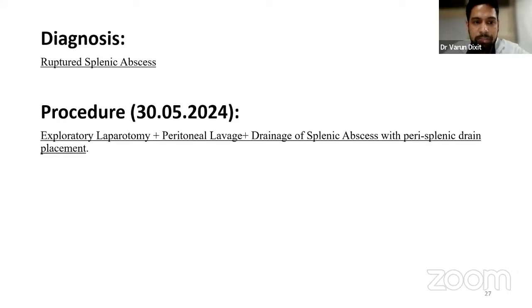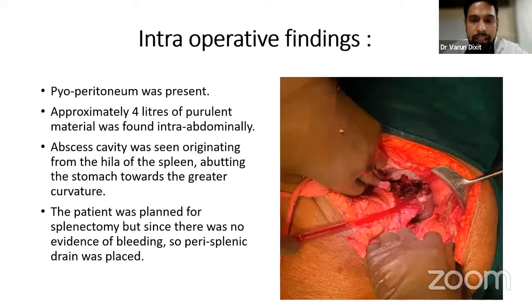A diagnosis of ruptured splenic abscess was made, and intraoperatively, pyoperitoneum was found with approximately 4 liters of purulent material. The abscess cavity was seen originating from the hilum of the spleen, abutting the stomach towards the greater curvature. The patient initially was planned for splenectomy, but since there was no evidence of any bleeding, a perisplenic drain was placed and splenectomy was deferred.